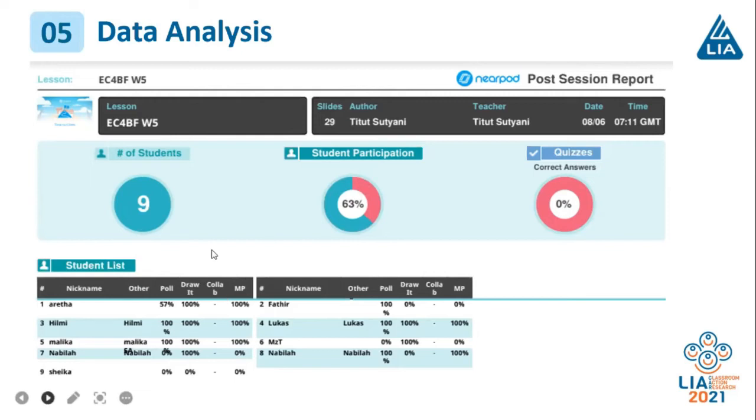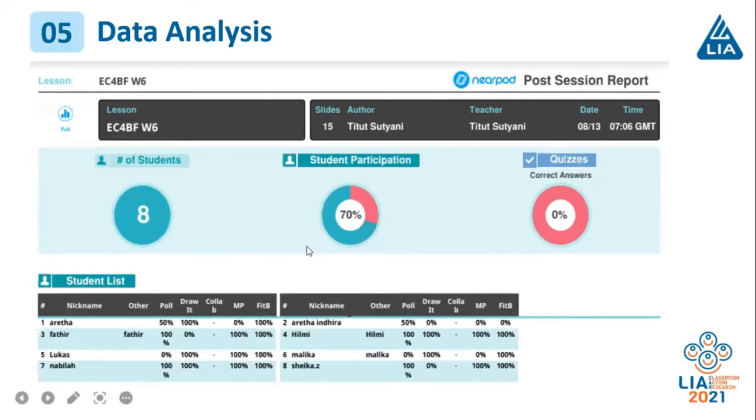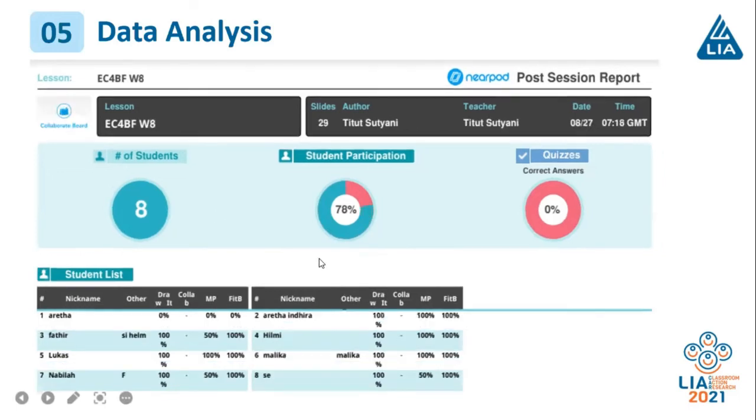Okay, see 63%, and in the next report from 30th of August, the number increased to 70%. Still with the same internet connection problem, but the participation has increased to 70%, and then from the 27th of August, it increased again to 78%.